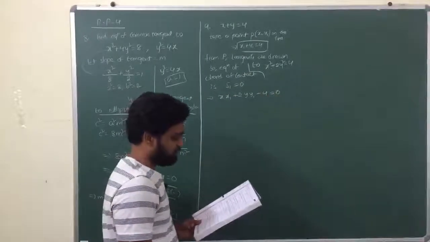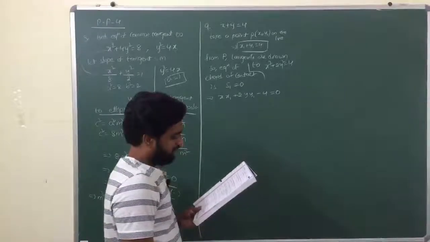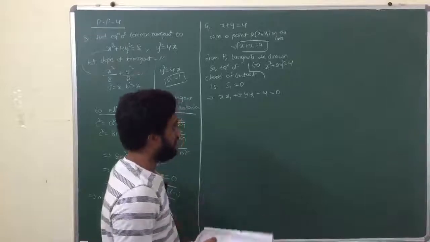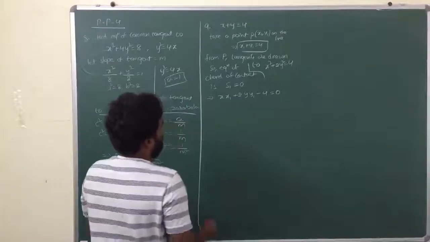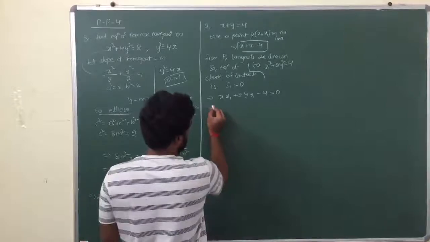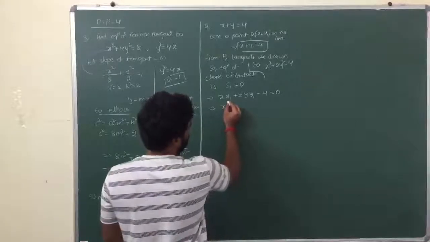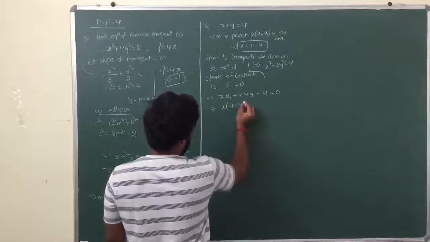Now the question is, the corresponding chord of contact will always pass through a fixed point whose coordinates are. Now, what is x1? 4 minus y1.